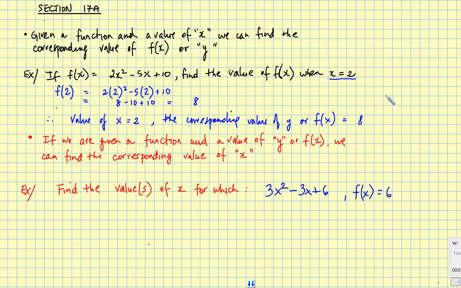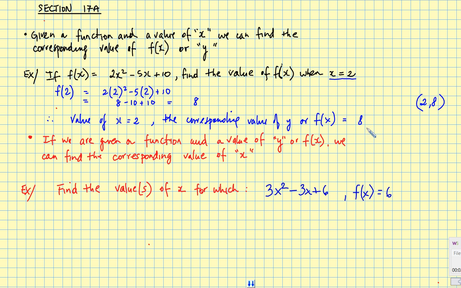And that would actually correspond to a coordinate of that graph of the 2x squared minus 5x plus 10. So that means that the point (2, 8) sits on the graph of 2x squared minus 5x plus 10.